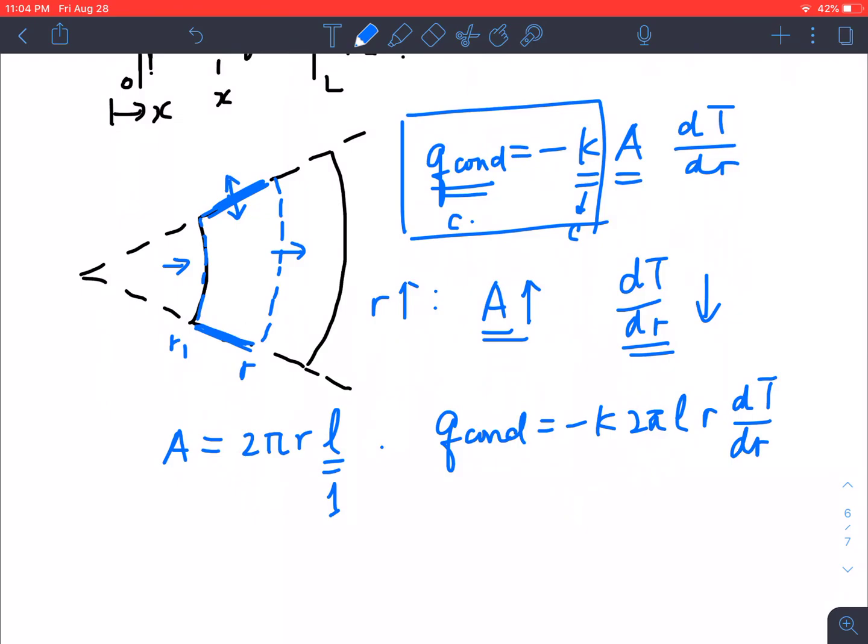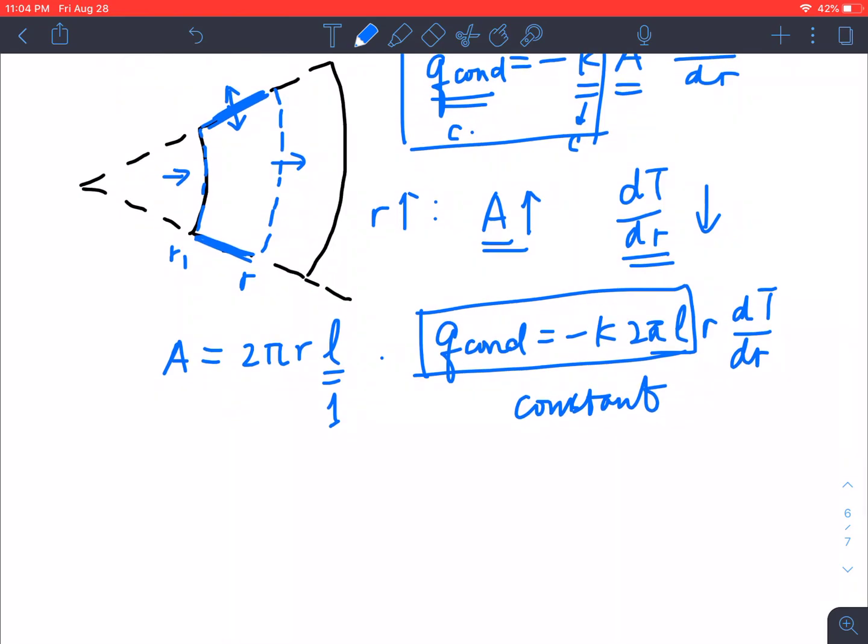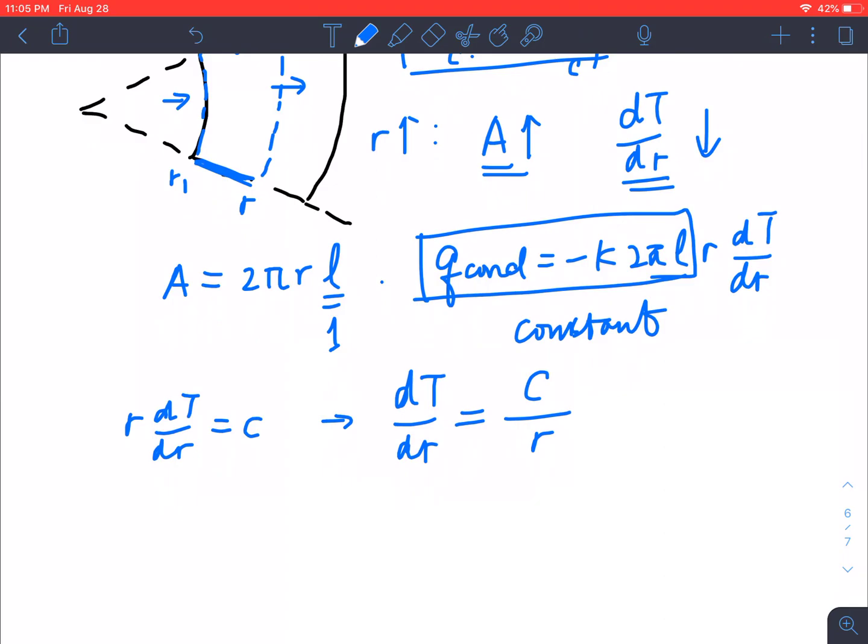I simply expanded this area, and everything here is a constant. Then we are at r dT/dr is a constant, then dT/dr is a constant over r, and that's our ODE, right?